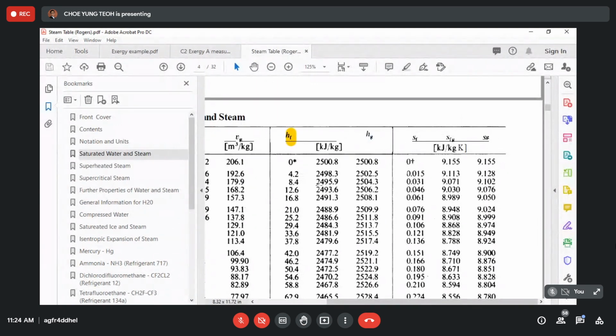So if you want to use this table, you have to check whether your enthalpy is in terms of fluid or gas. You need to know whether the water remains in liquid form, in gas form, or maybe a mixture of them.